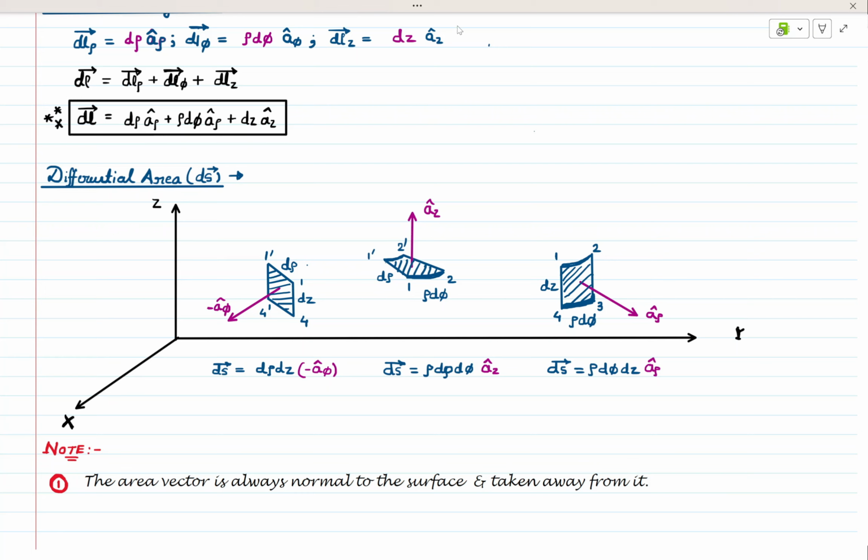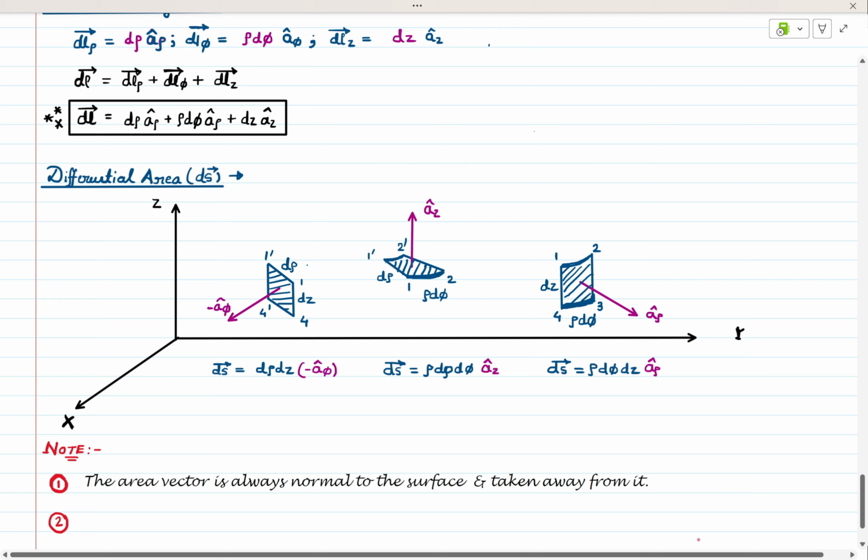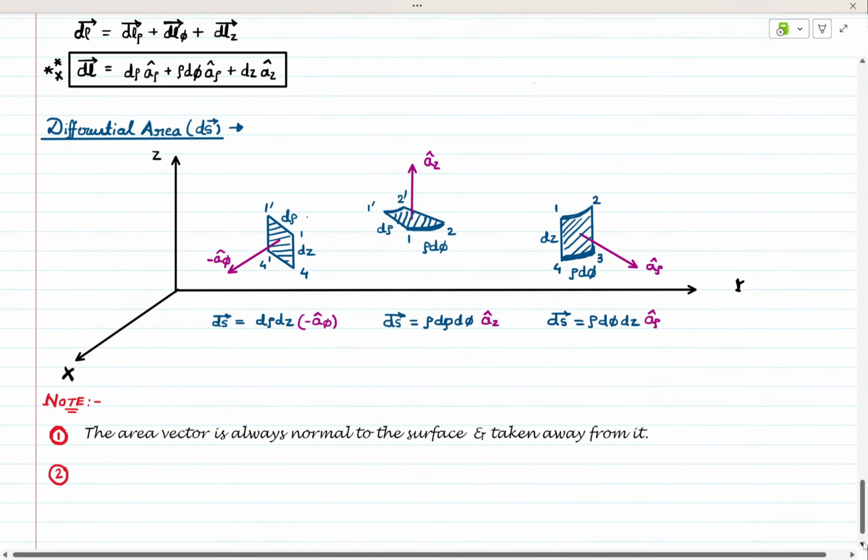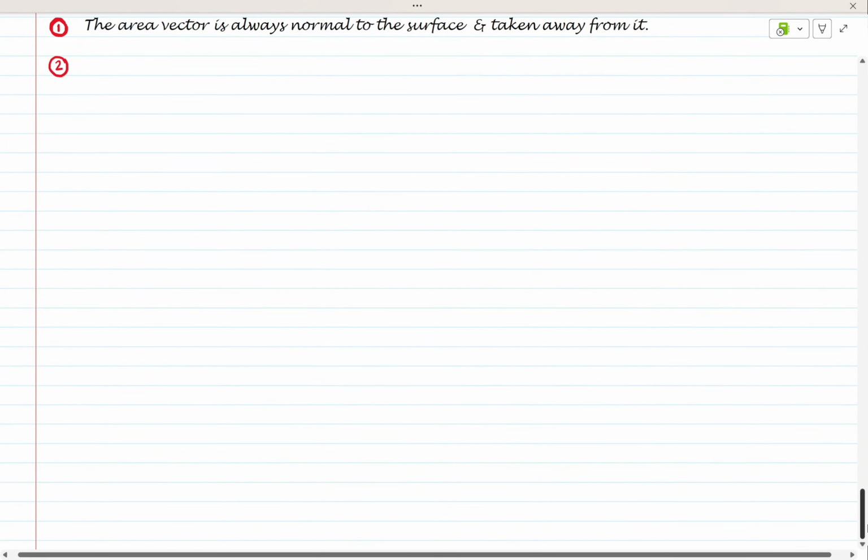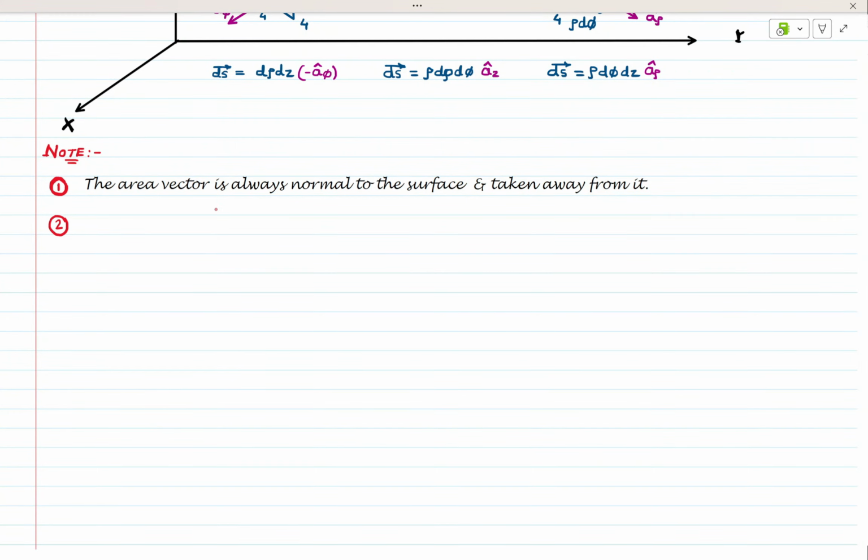And the second note, let us see what it is. In the case of the cylindrical coordinate system, there are three parameters: rho, phi, and z.